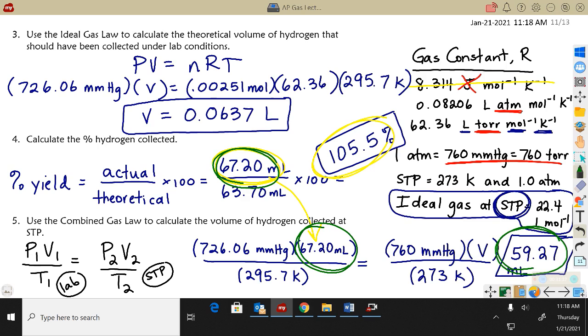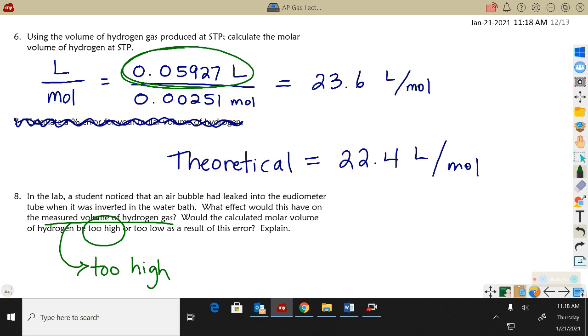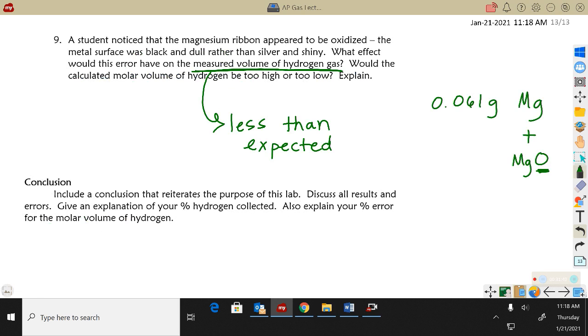And what I would expect in the lab now is less than what I just calculated. Oh, now when I think about it, yeah, dang, that's not all magnesium if I didn't clean the piece of metal well. How would this affect your molar volume of hydrogen?